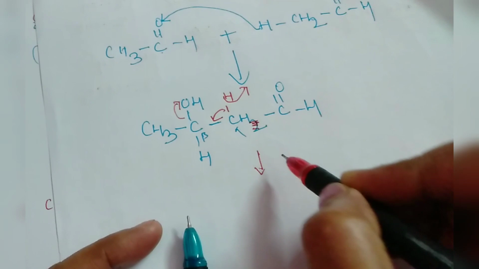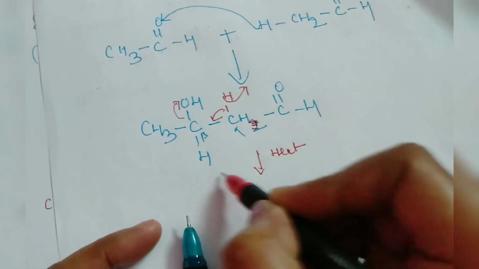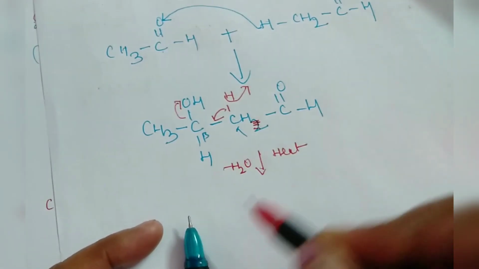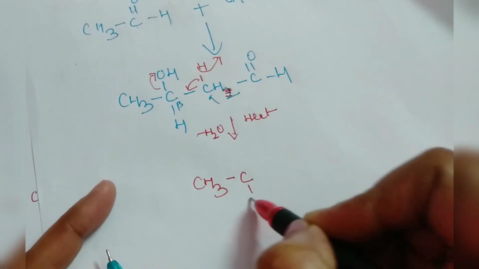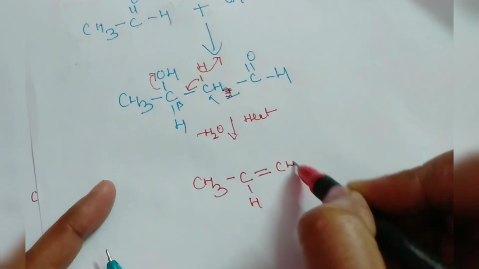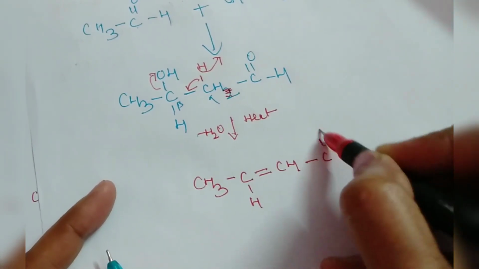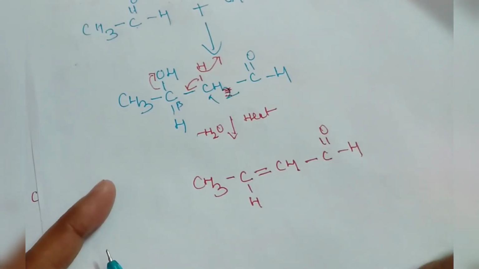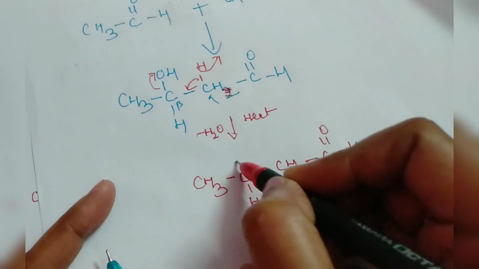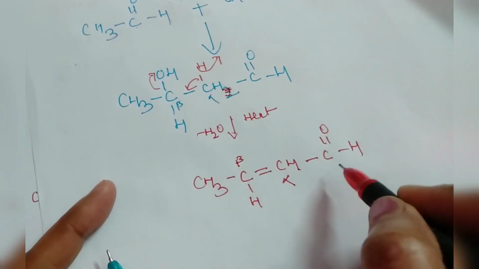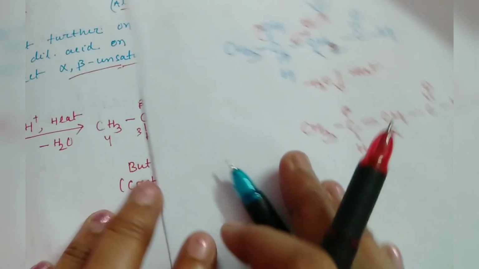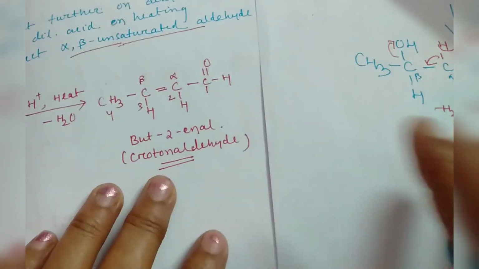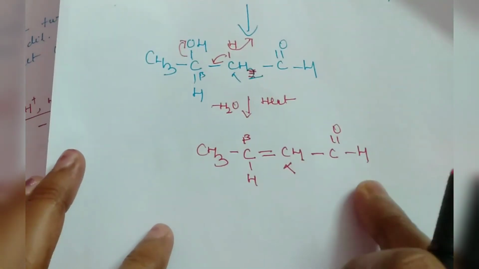So what will be the product? One water molecule will be removed, so the product becomes CH3 CH double bond CH C double bond H. This is your alpha carbon, this is your beta carbon, so it is your alpha beta unsaturated aldehyde, that is your product. This alpha beta unsaturated aldehyde is crotonaldehyde.